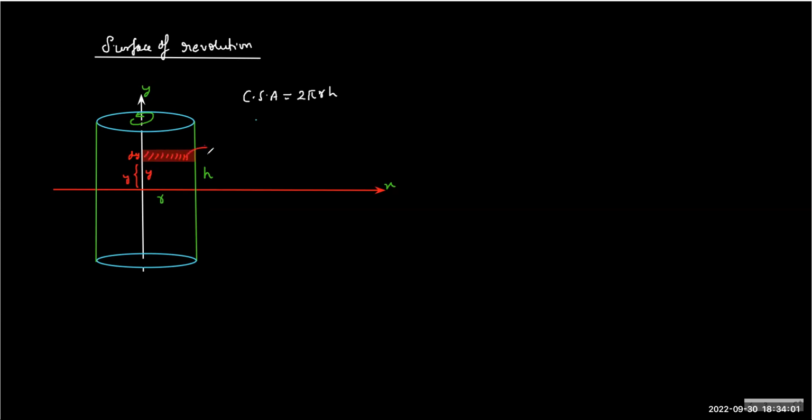So what is this length? This length is dy. And in one rotation, you will trace a small cylinder.